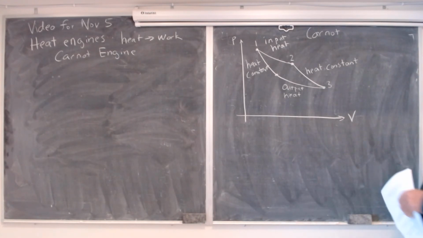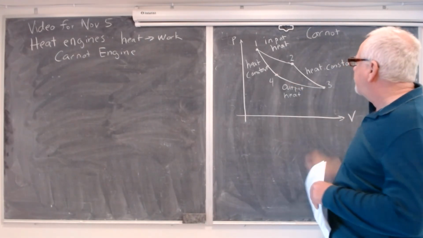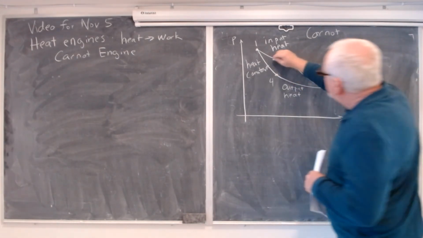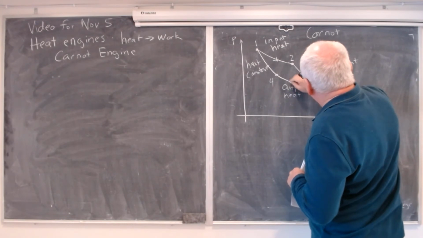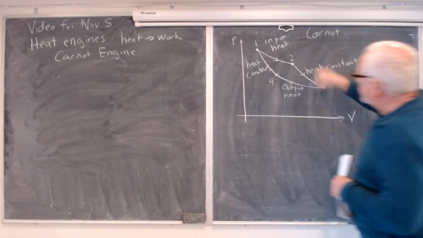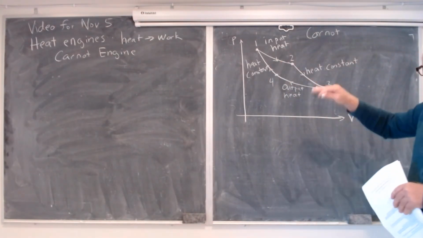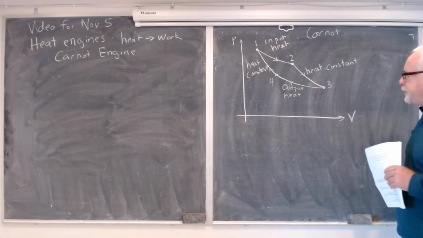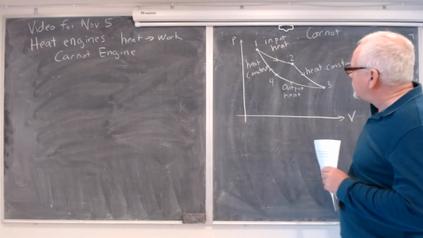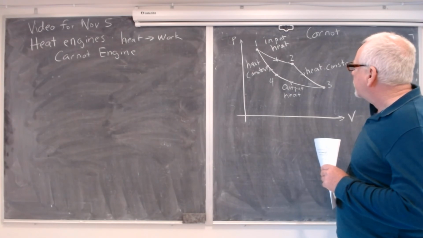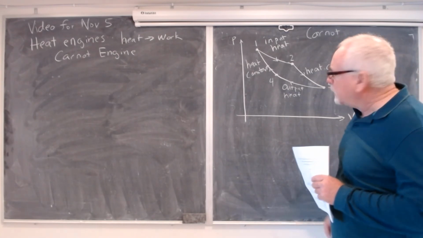And so you have these 4 points in the cycle, and this thing keeps going around in a circle like this. And that's your engine, up and down. This is the Carnot cycle, and we're going to analyze it a little bit.